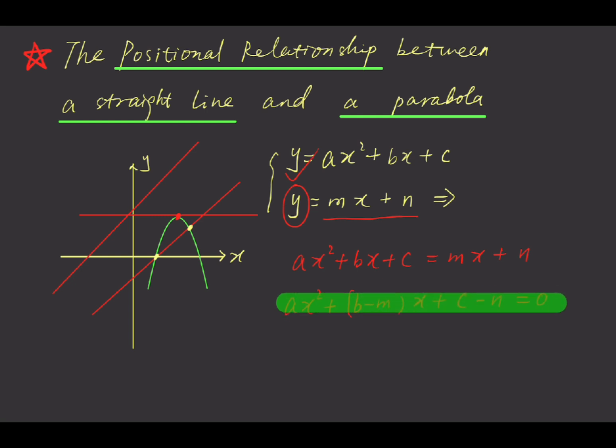So the question is transformed to how to solve this equation. You can figure out here it is the x squared. A is the coefficient of this term. X, its coefficient is b minus m. C is constant. N is also constant. So this is also a constant.